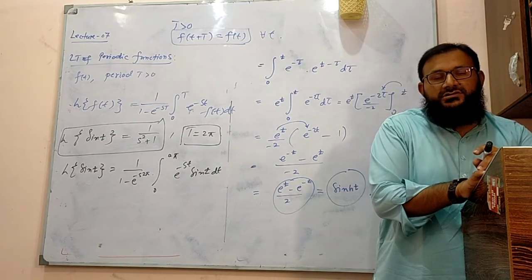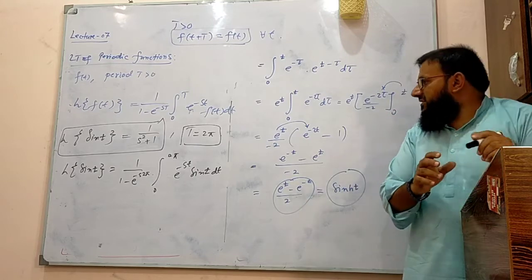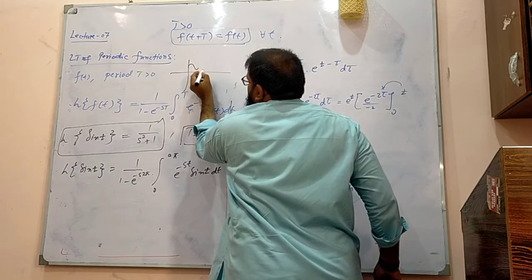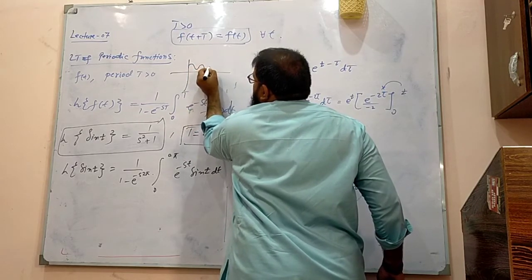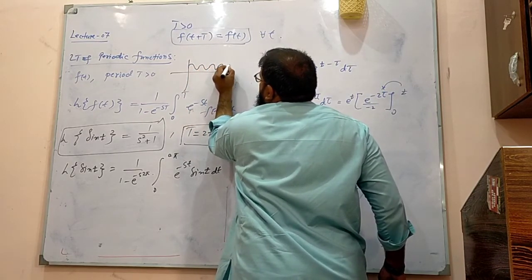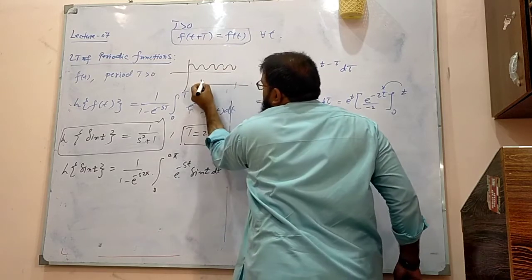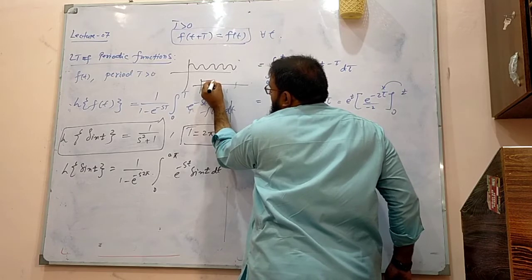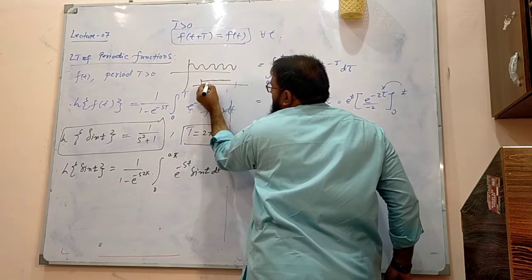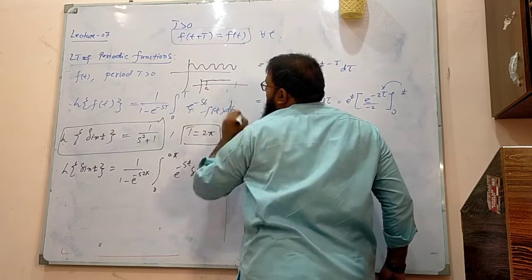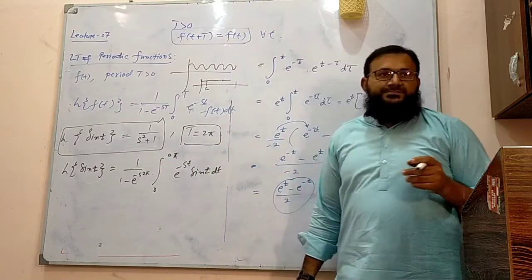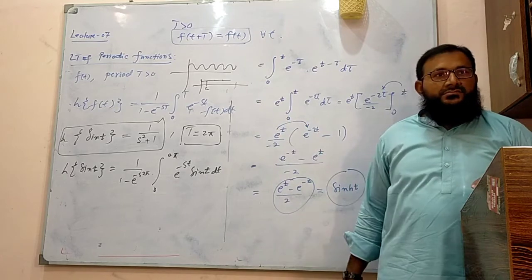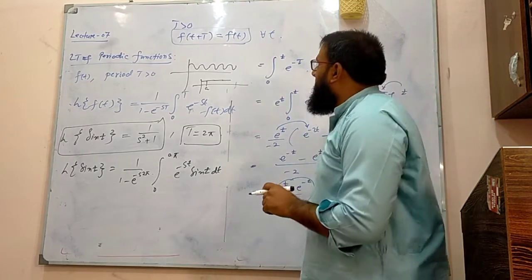A constant function is periodic because a periodic function means that this is the function and after some time it repeats in the same way. You have a constant function, and it repeats in the same way again and again. You can define any fixed value a to be a period of this function. Every constant function is periodic.